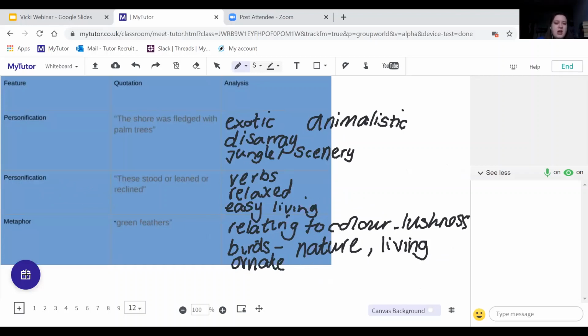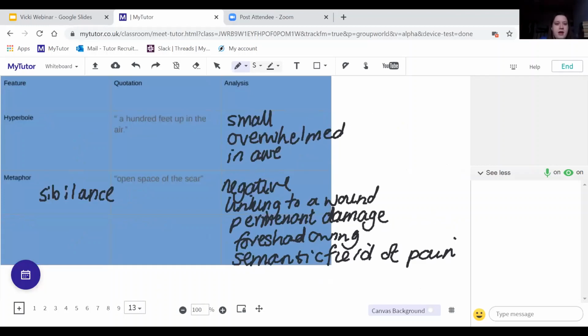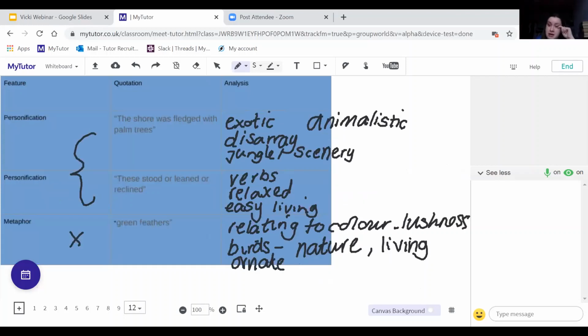So green feathers, although I think is really nice, is a really short phrase, so let's get rid of that one. And then I think you could quite easily talk about the fledging of the palm trees and them standing together, so we could potentially link these 2. And then hyperbole and metaphor, I think these are both nice, but I could pull out more in those two uses of personification.